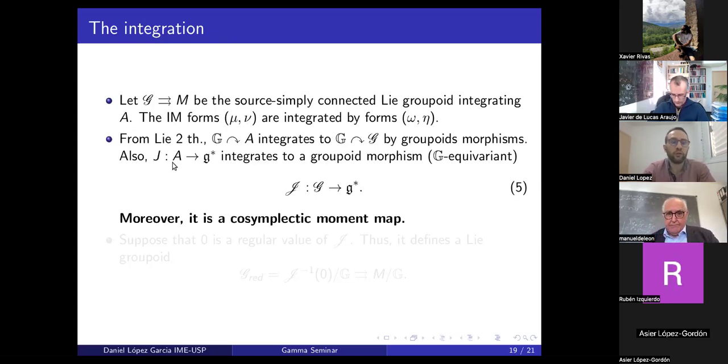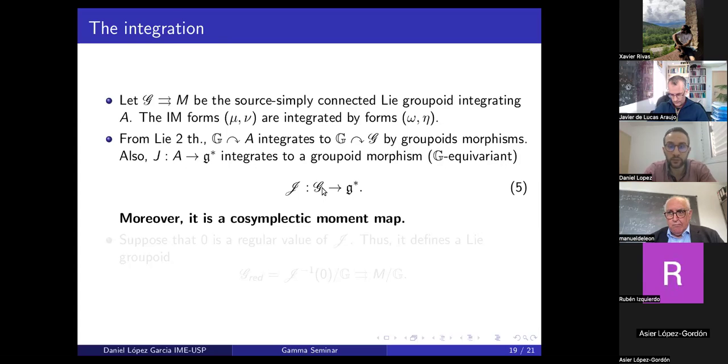So from Lie's theorem, you have that the action of G on A is integrated to an action of this Lie group G on the groupoid by groupoid morphisms. Also, this map, which is a morphism of algebroids from here to here, is integrated to a morphism of groupoids.